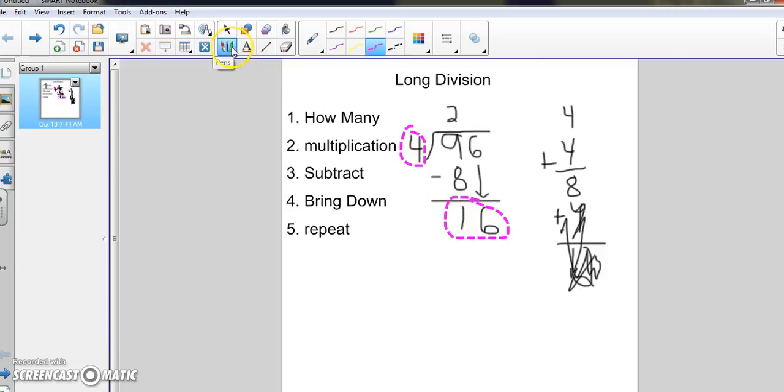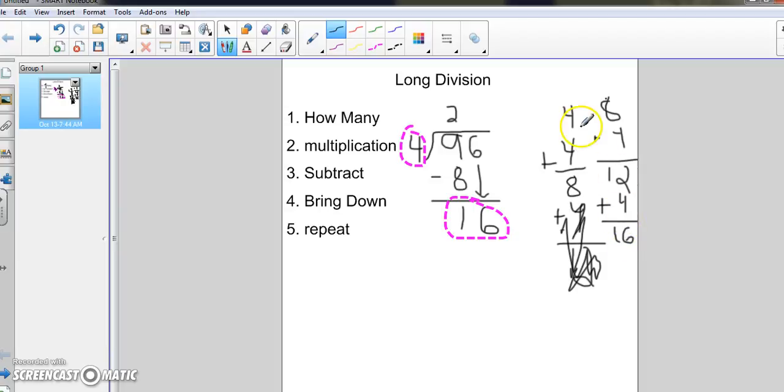So how many 4s go into 16? Well, I'm going to go back over here and I'm going to go 4, 4 is 8, so 2. So then what if I go 8 plus 4, that's 12. And then I'm going to add another 4. That would be 16.